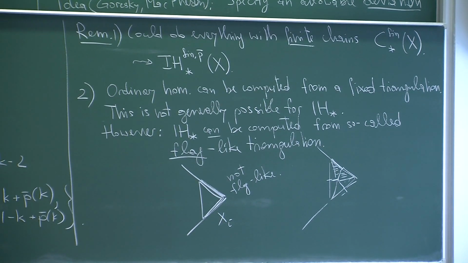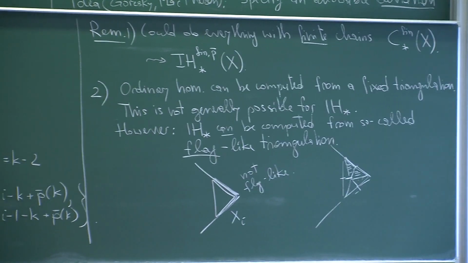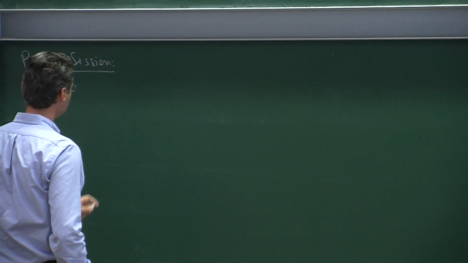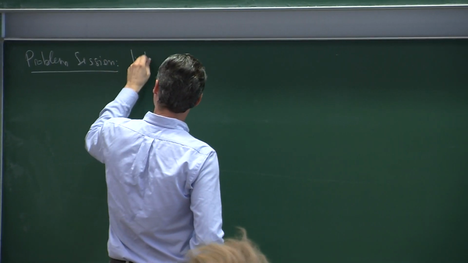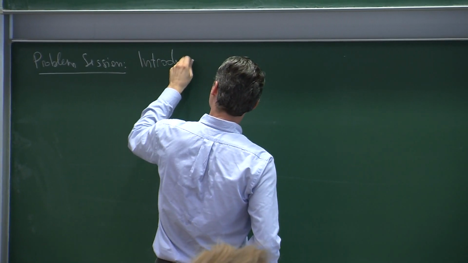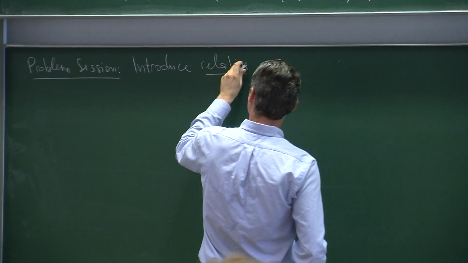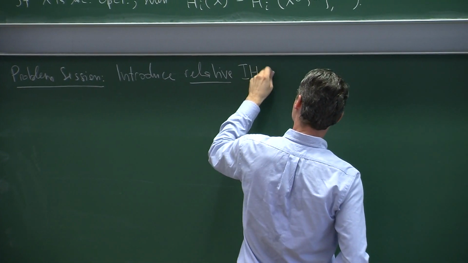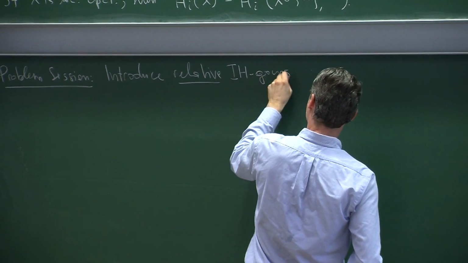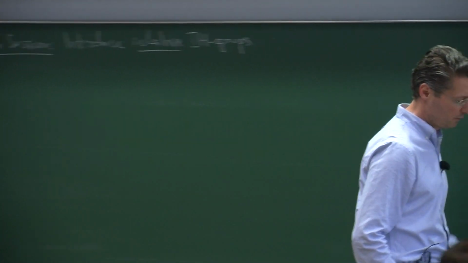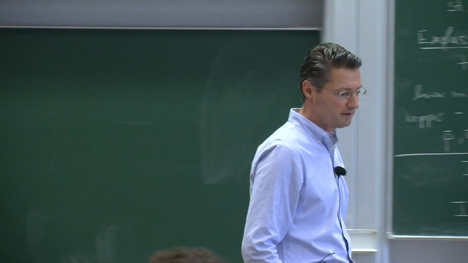Now, perhaps for the problem session, maybe you could think about how one could introduce relative intersection homology groups. So you should think about for which pairs this would make sense and so on.